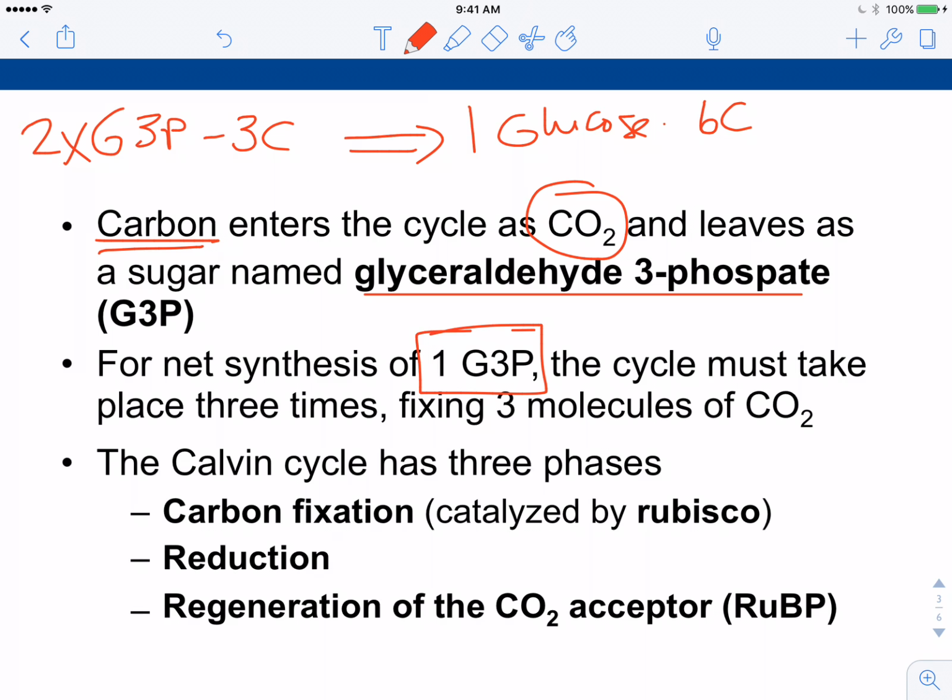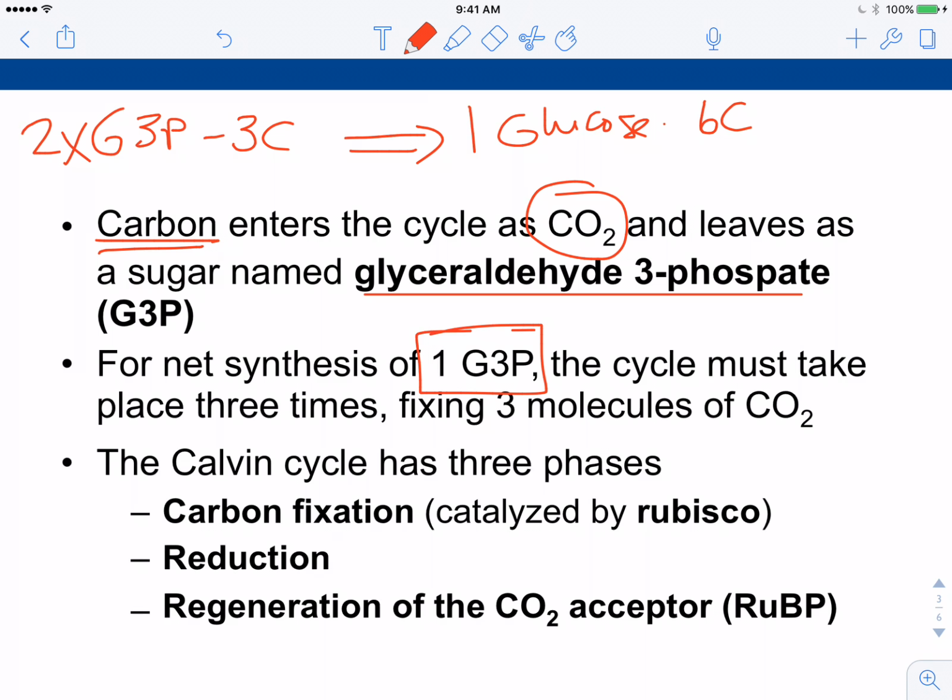The Calvin cycle has 3 distinct phases. The first phase is carbon fixation. Fixation means to take an unusable source and turn it into a usable one. So carbon dioxide as a fuel for us is totally unusable, but we're fixing it into sugars, which is a usable carbon source for us.